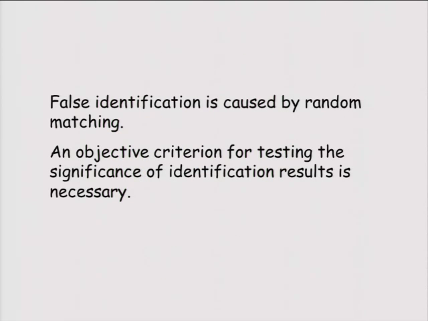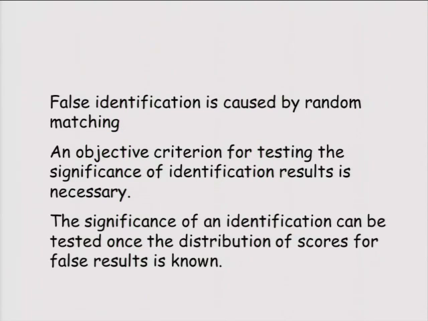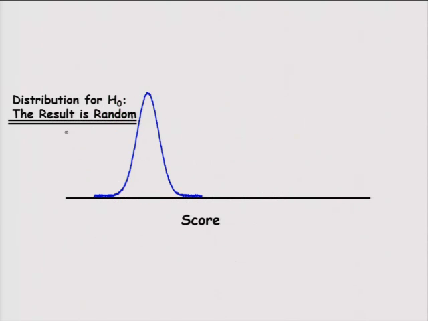Since we have this random matching, we need some criterion for testing the statistical significance of an identification result. And that we can do once the distribution of scores for false results is known. This could be representing such a distribution of scores for false results.